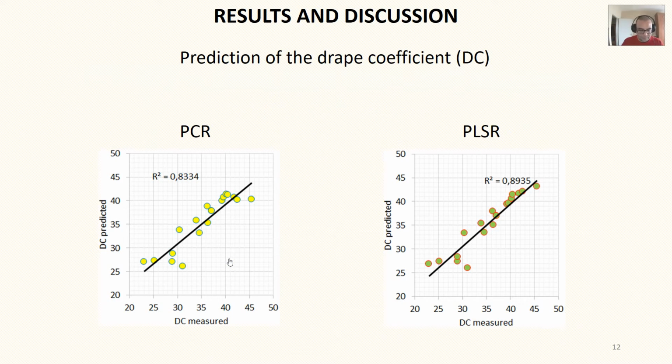For the results of the prediction of the draping coefficient DC, the vector of features is reduced to 2 principal components and 2 latent variables. They describe the variance of the data over 95%. As a result of PCR, a coefficient of determination R squared equal to 0.83 was obtained.